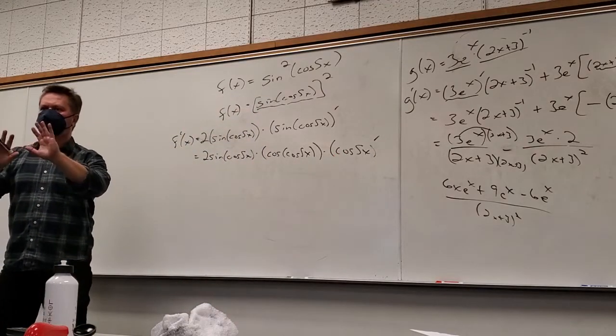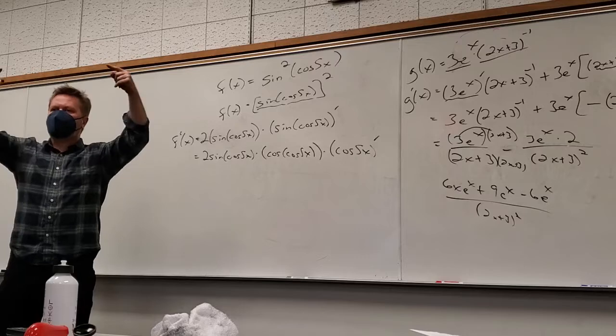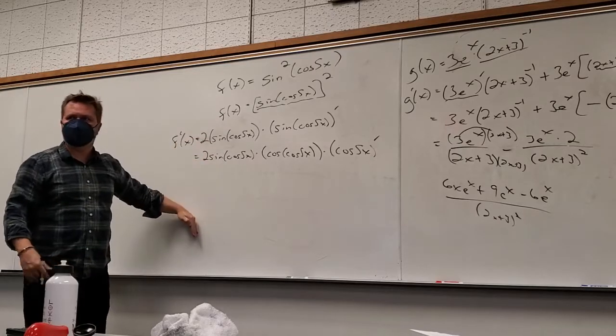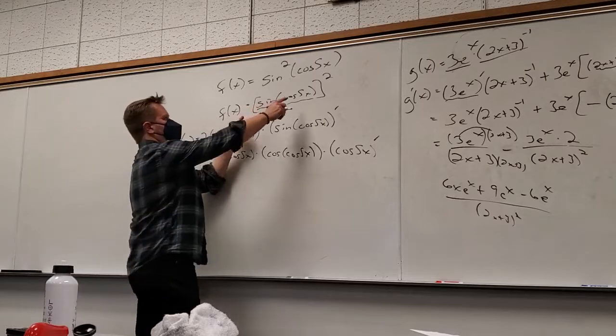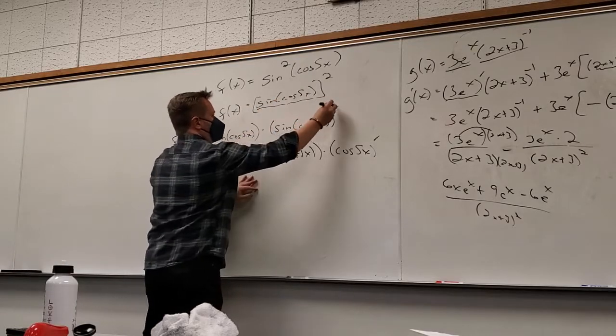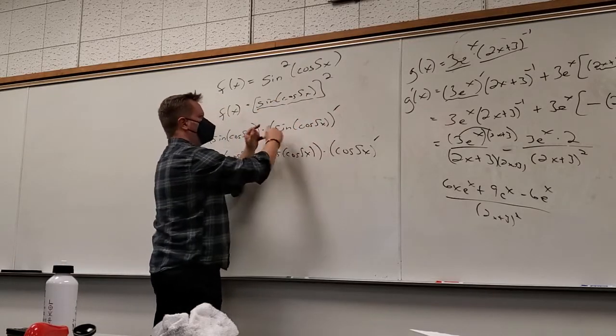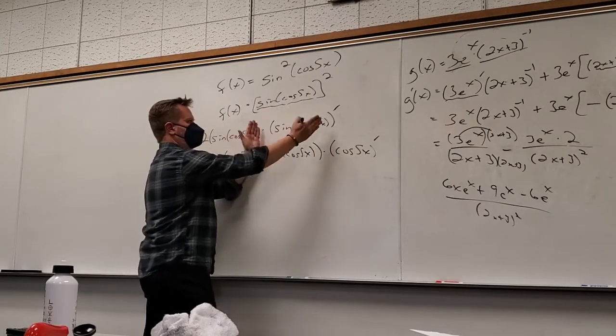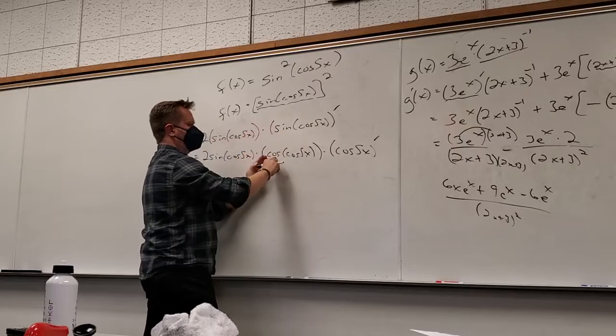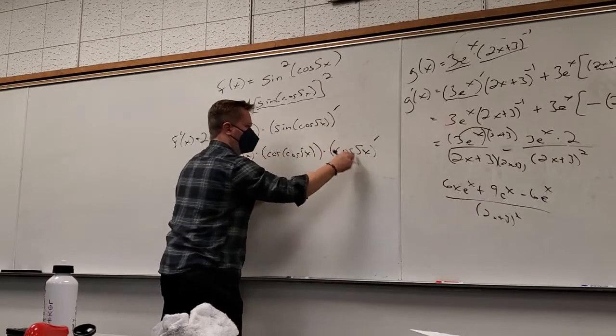Do you guys understand that you do not have to know how many steps you're going to do? Why would you? You do them as you hit them. So 2 comes down, derivative inside. Now this is a problem. Forget about this, it's done. That's inside, that's outside. Outside function times derivative of the inside. Now I can look at him.